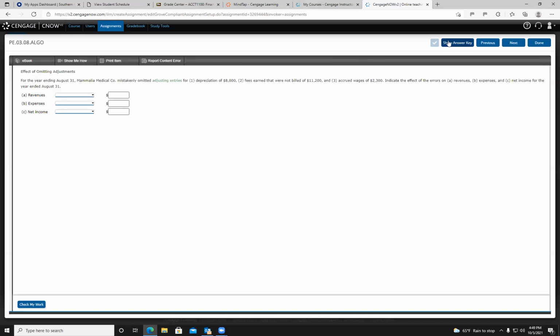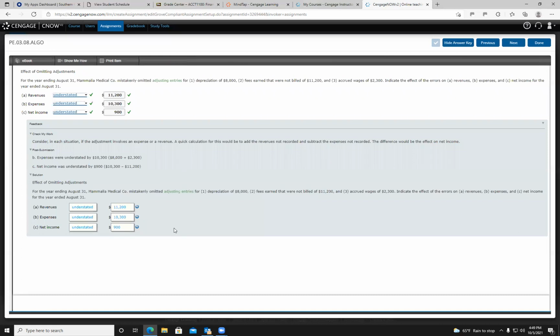So let's just go ahead, open this up and look at it. Overall, if we look here at A, revenues. Of 1, 2, and 3, the only one that affects revenue is the fees earned that were not billed.